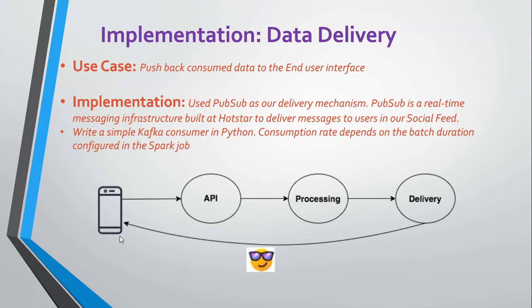I believe it's an API, but I'm not sure about the details of how they implemented this, though I'm sure internally it uses some kind of API. What they are doing is writing a simple Kafka consumer in Python, and the consumption rate depends on the batch duration. This batch duration is a configurable parameter you can tweak, like 2 seconds, 3 seconds, or 5 seconds, as per the requirement.